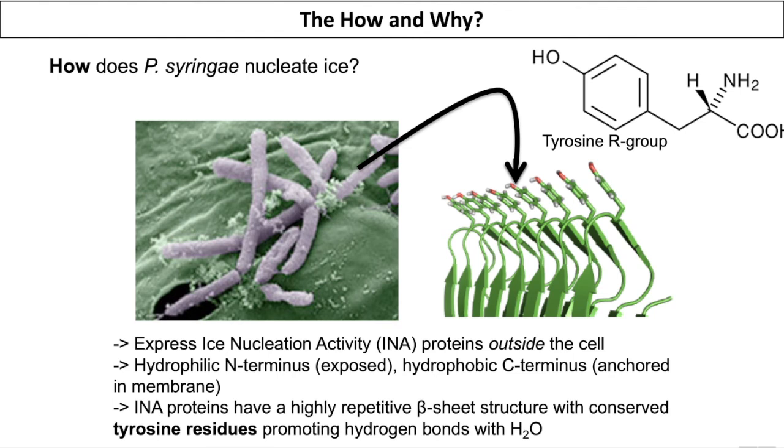And then we have this highly repetitive beta sheet structure with conserved tyrosine residues. And all of those hydroxyl groups pointing out from tyrosine, each one of those can promote hydrogen bonding with water. And as they promote hydrogen bonding with water, it's going to hold a water molecule in place. And for each water molecule held in place, that's going to make it easier for water to hold the next water molecule in place with even more hydrogen bonds.